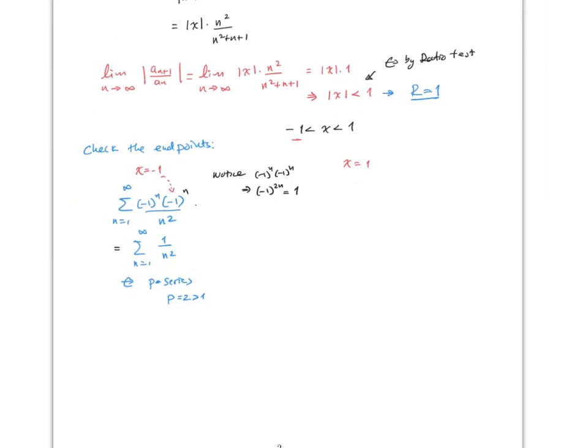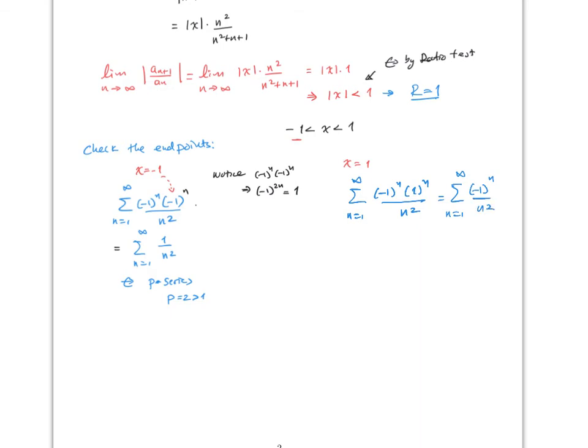Now, if x is equal to 1, then we're going to end up with the following series. n equals 1 to infinity of -1 to the n, 1 to the n. And notice that this one is going to be the sum from n equals 1 to infinity of -1 to the n over n squared.